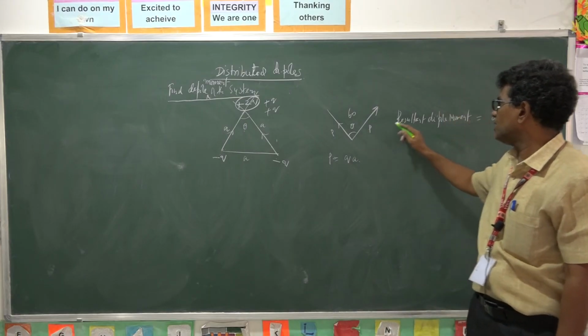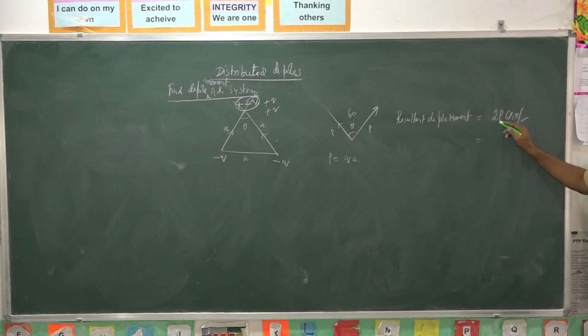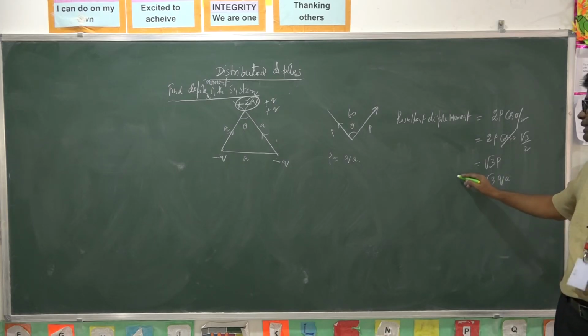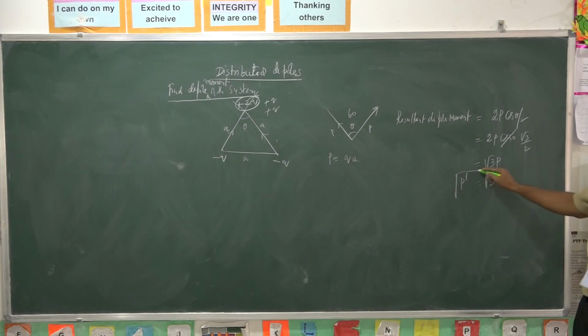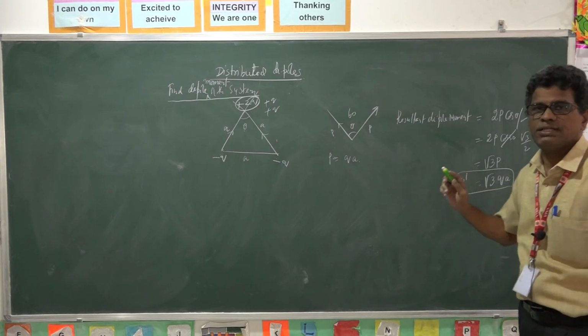Otherwise you use this formula, 2P into cos 60 by 2, that is cos 30. Cos 30 is root 3 by 2. The 2s get cancelled, and you will get root 3 P, that is root 3 times q into a. So this is the net dipole moment of the system. This is the answer.